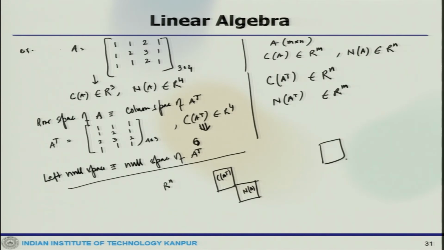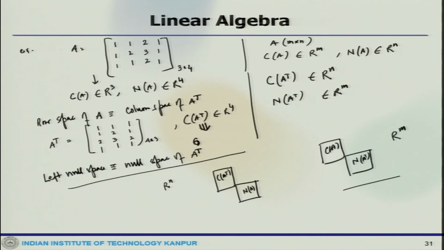And this is the column space of A and null space of A transpose, that belongs to R to the power m. So, this is the picture you can see when you talk about these fundamental subspaces.